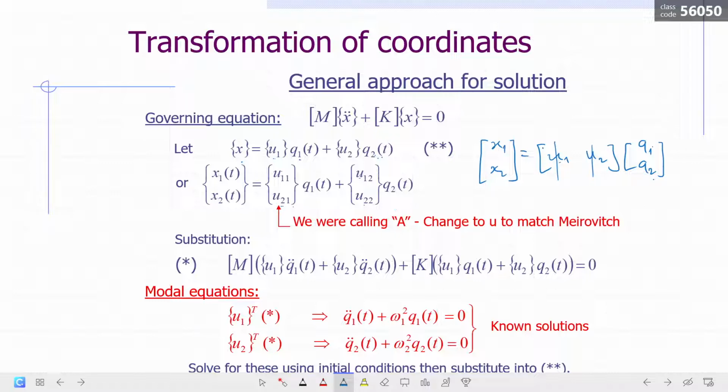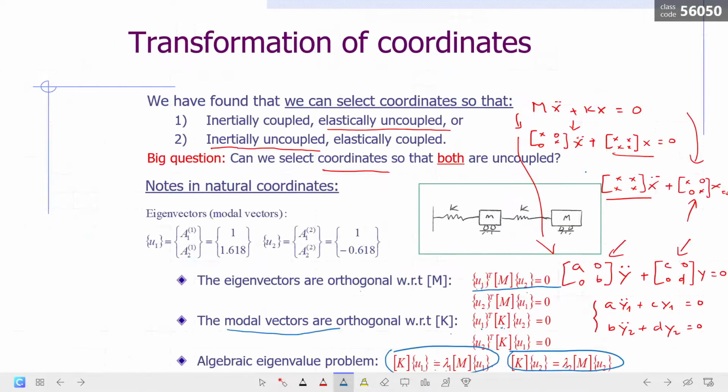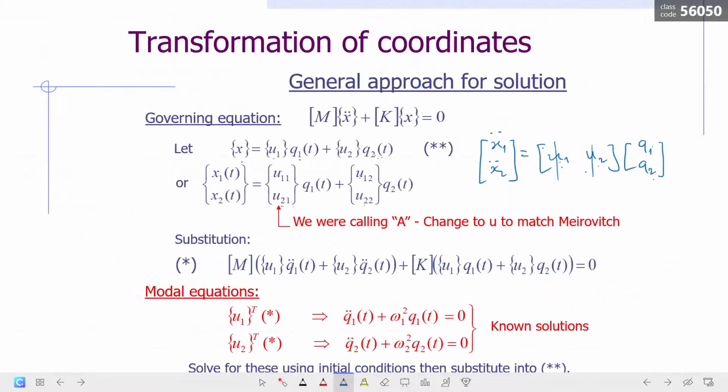Then we substitute h. Here I can also write h double dot. If I write h double dot, I have q double dot here because u1 and u2 are constant, since they are the eigenvalue and eigenvector, or modal vector, obtained from the matrix k, which is constant.